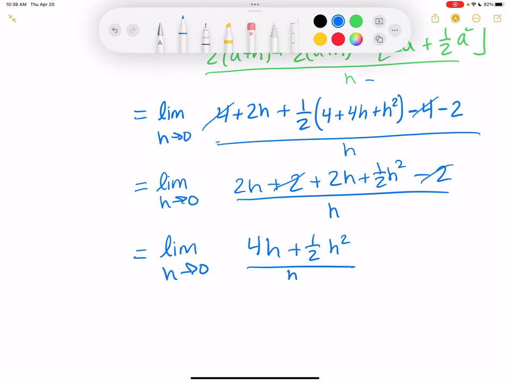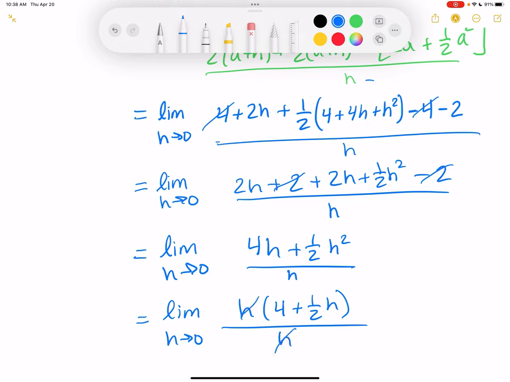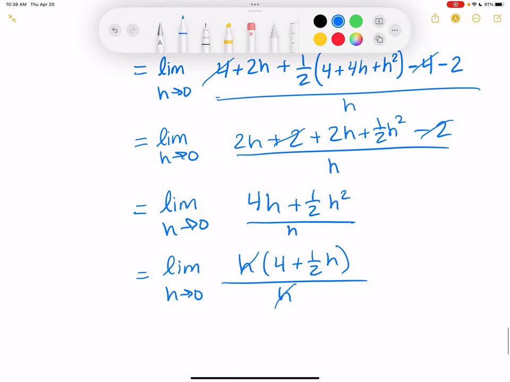If I don't, then I still have a 0 on the bottom, so I can't leave it like that. So limit as h approaches 0 of h times 4 plus 1/2 h over h. I'm just going to save a step. H's cancel, plug in 0 for h, and you are left with 4.